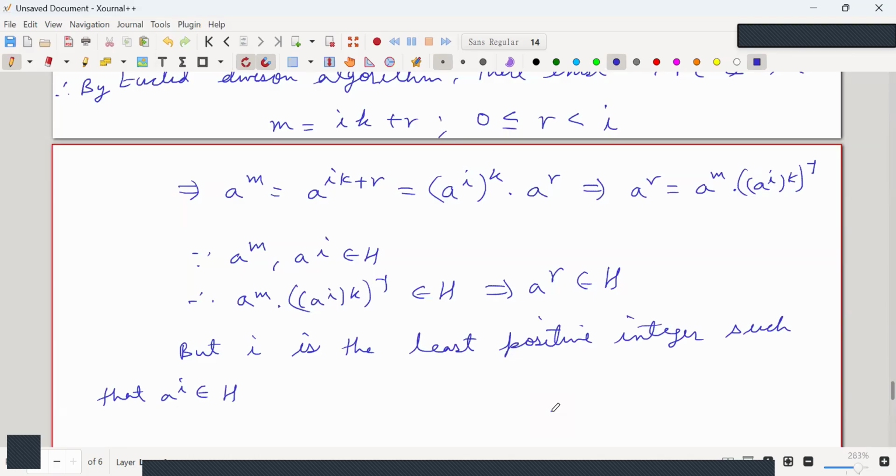So r cannot be positive, it can only be zero, right? So r has to be 0.